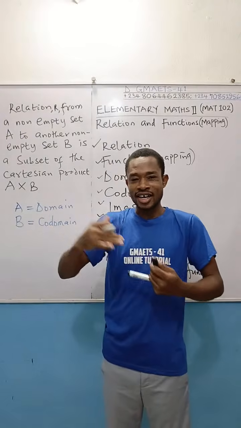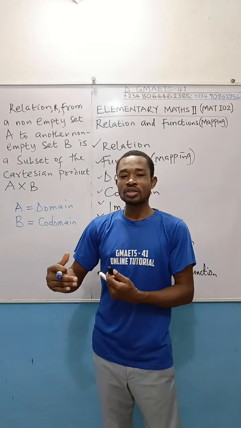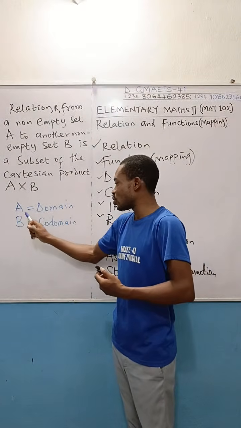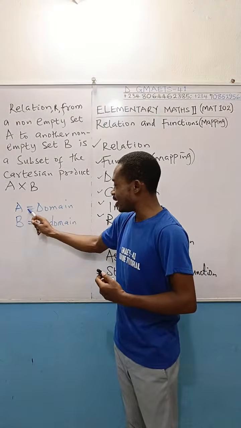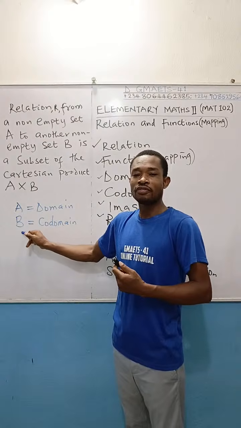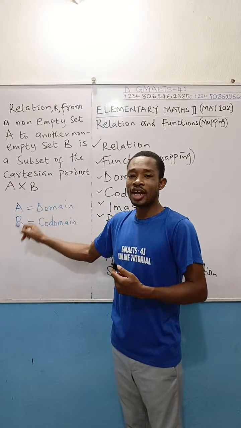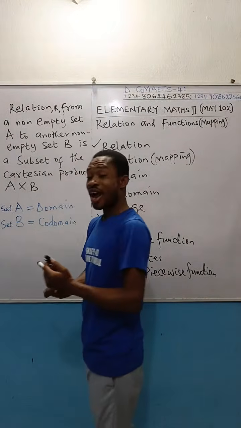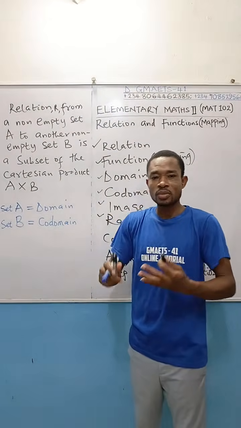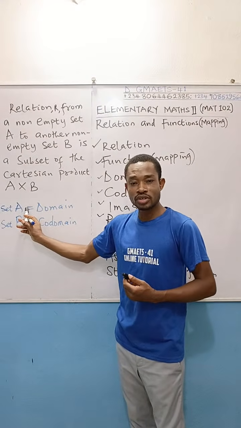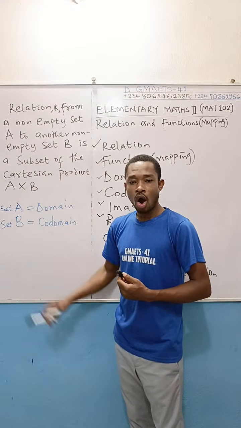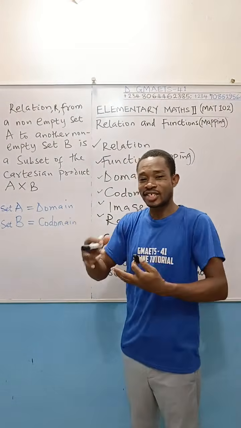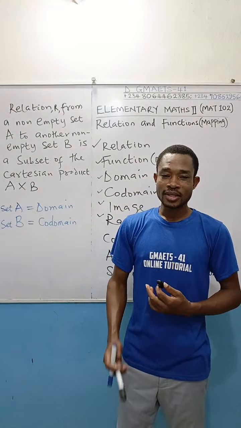You consider two sets, one called the domain, the other called the codomain, whereby you are drawing a relationship between A and B such that A produces either some of the elements of B or all the elements of B. This is set A. This is set B. All the elements in B together, the set is called codomain.